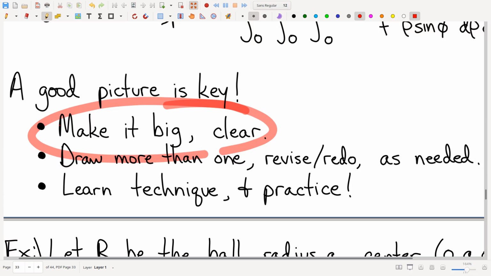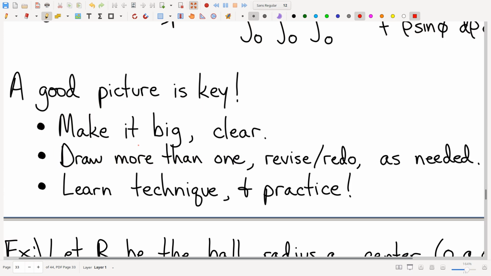Don't forget you have a couple of pages of scratch at the back of the exams, for example, right? So you can practice draw all you want. Don't forget as well, you have the backs of the pages that the questions are written on as well, right? So you can draw a nice, big, luxuriously large picture on the back, and there's plenty of space, right? So don't try to save space with your picture. That's penny wise and pound foolish, as they say.